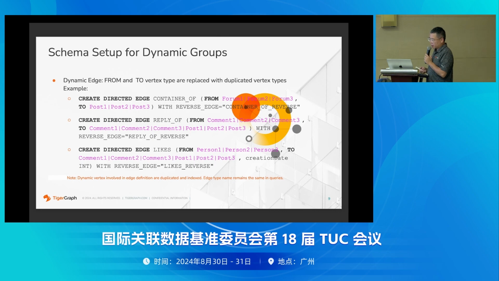Similarly, if the original edge connects comments to comments and posts, now we just list all of them in the source, and then list all the duplicates in the target vertex type list. And we do this for all the edge connectors.